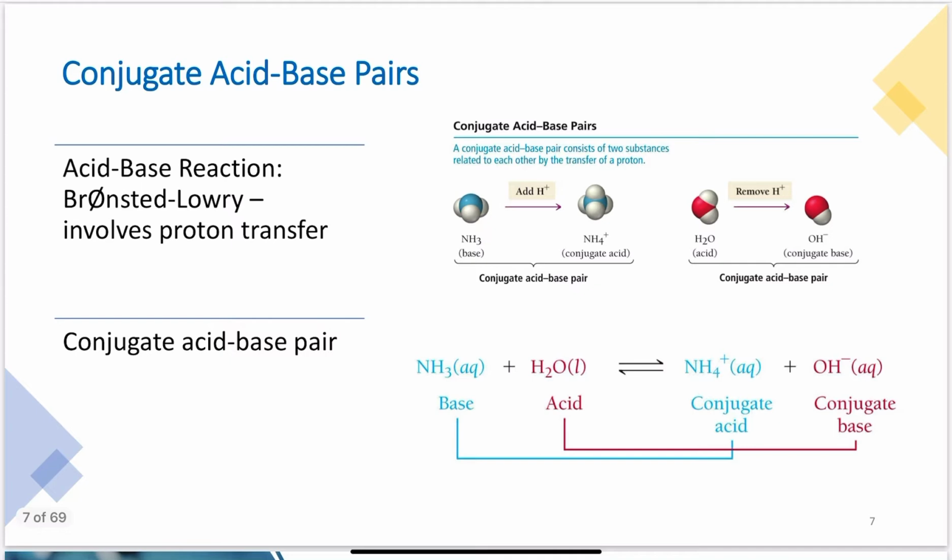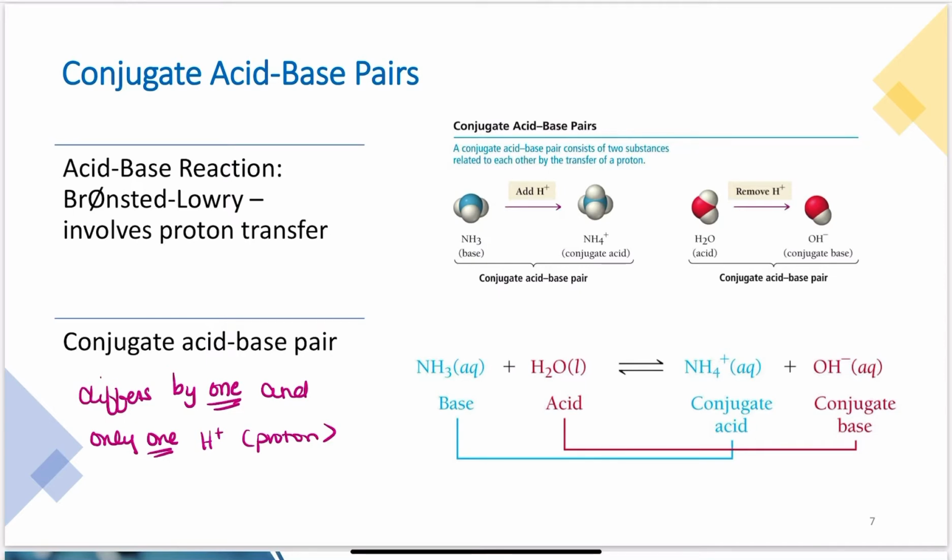So how do these conjugate acid-base pairs come into play? Well, the conjugate acid-base pair always happens when we have a Bronsted-Lowry acid-base pair, because Bronsted-Lowry specifically involves the transfer of a proton. This differs by 1 and only 1 H+. It's the transfer of 1 proton.